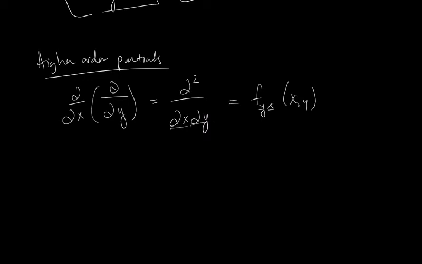Okay, so here I really want you to see that in this notation, the order is reversed. We do partial y first, then we do partial x. Okay, so that order is reversed.